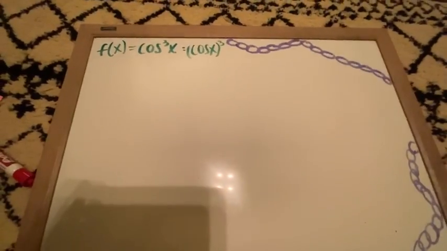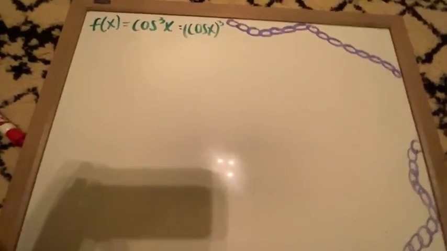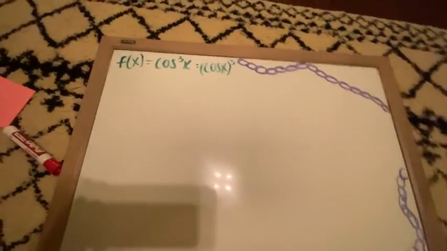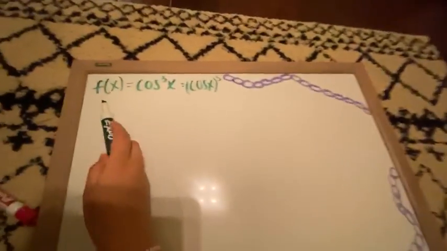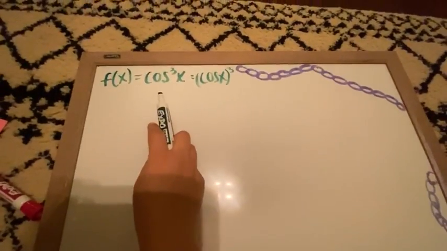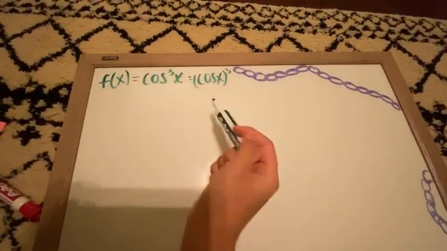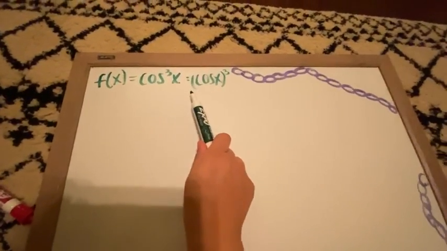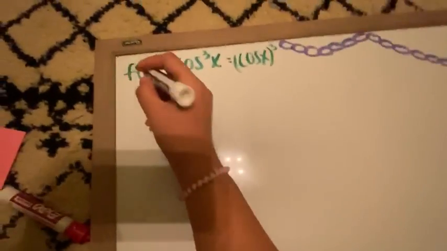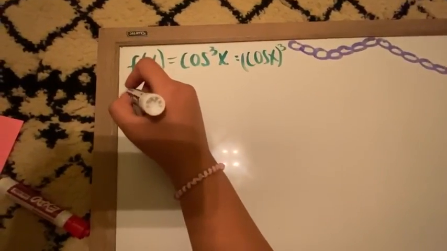Now we're going to do an example with a trig function. Our function is f of x is equal to cosine cubed of x, which can also be written as cosine of x, cubed. First we identify our inner and outer function.